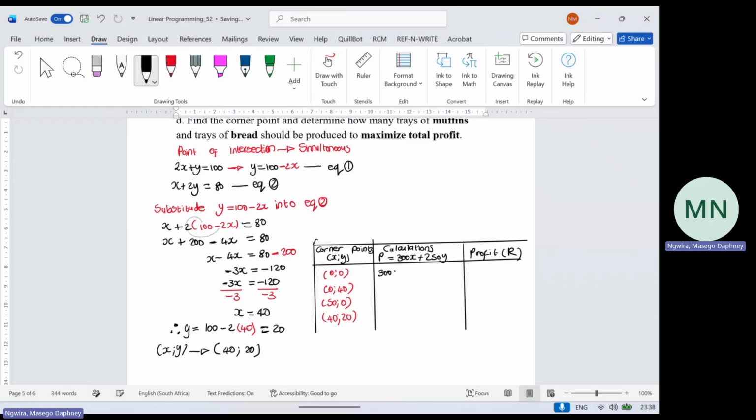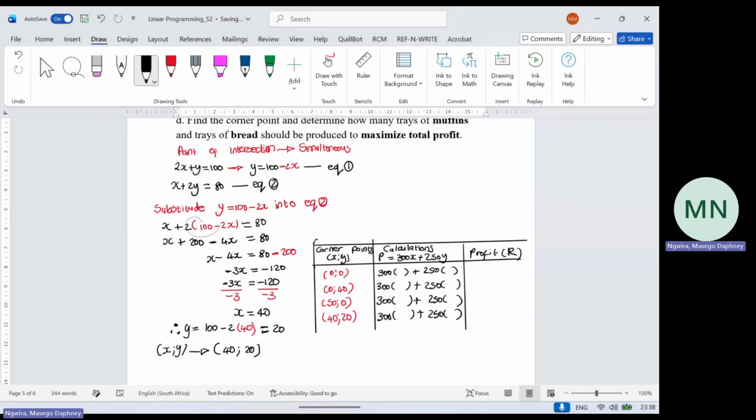You know how I roll because I just want to substitute. 300. I'm just doing this so that I can substitute. Honestly, you'll see that the calculations column is not necessary. So I'm just doing it for you so that you can understand. Okay. Just doing this so that it's easier. 50. Okay.